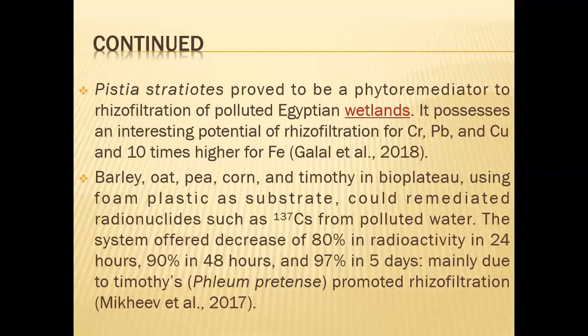This system offered a decrease of 80% in radioactivity in 24 hours, 90% in 48 hours, and 97% in 5 days, mainly due to Timothy's promoted rhizofiltration. It means to remove a specific heavy metal from a contaminated site, we use a specific species of plant.